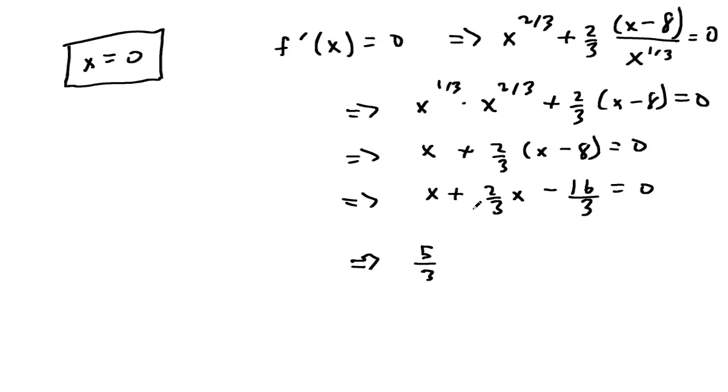Combine the like terms. Multiply everywhere by 3 to get rid of that denominator.